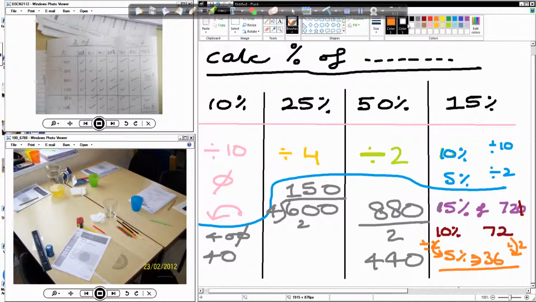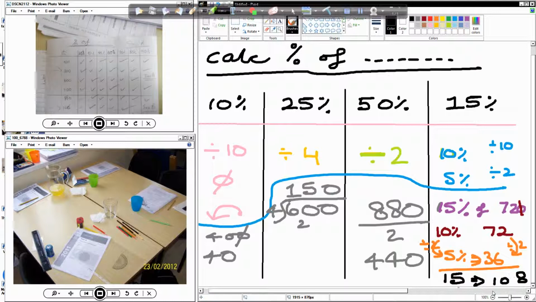Now, in order to work out the 15%, we add the 10% and the 5%, so we add the 72 and the 36. 72 and 36 will give us 108. So we break the number down into small pieces. Okay? That's the answer.